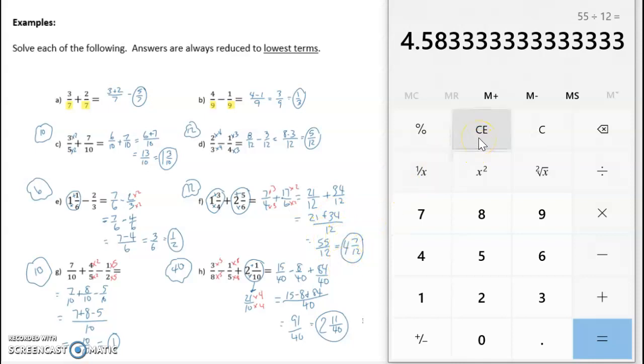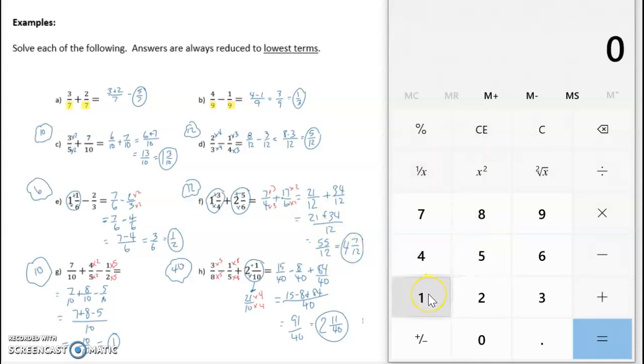And now what you can do if you're unsure, you do 12 times 4, and that gives us 48. So we just subtract 48 from 55. So 55 minus 48 gives us 7 remainder. So that's why it's 7 over 12. Okay, so it goes in 4 and 7/12.